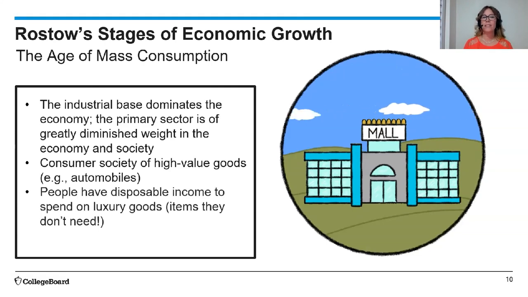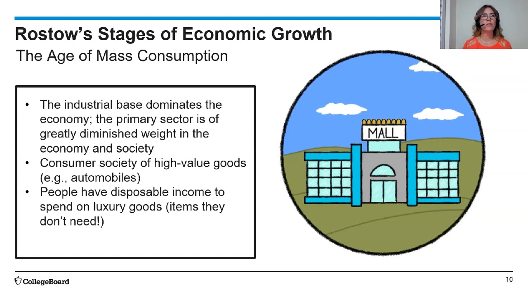We also have disposable income now, and we can spend it on luxury items that you don't need, like ladies, that $50,000 white Nile alligator crocodile Birkin bag, or the PS5.